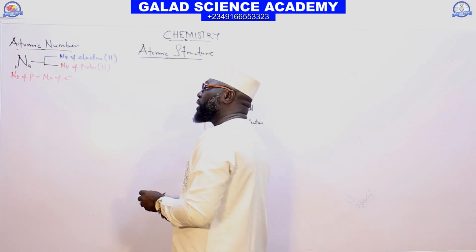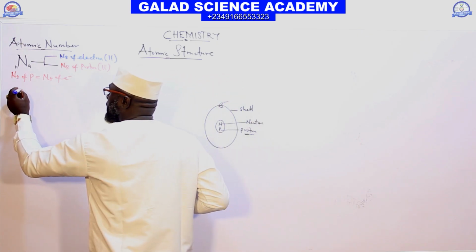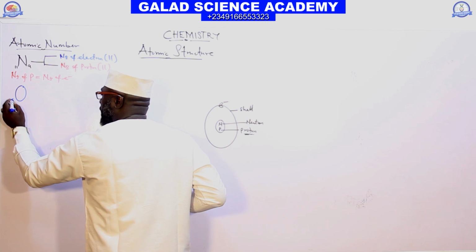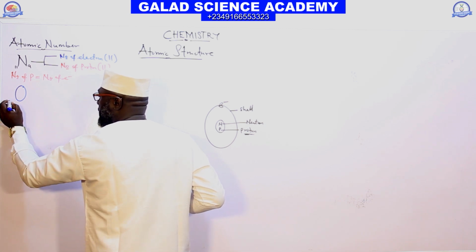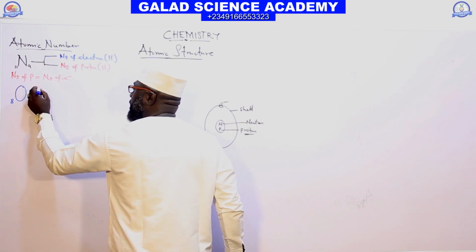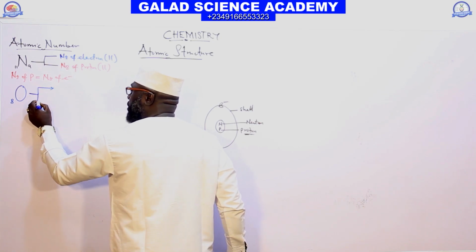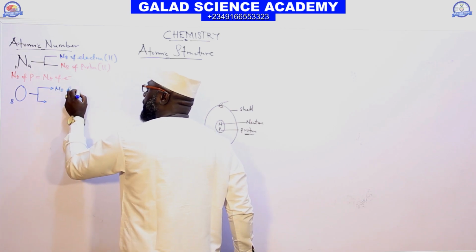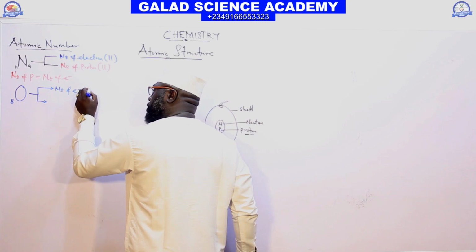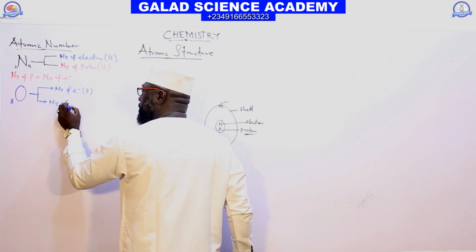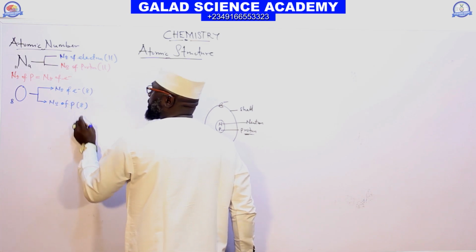Let us use another case of study. Let me use oxygen, whose atomic number is 8. So if the atomic number of oxygen is 8, the number of electrons there is also 8, and the number of protons there is also 8.